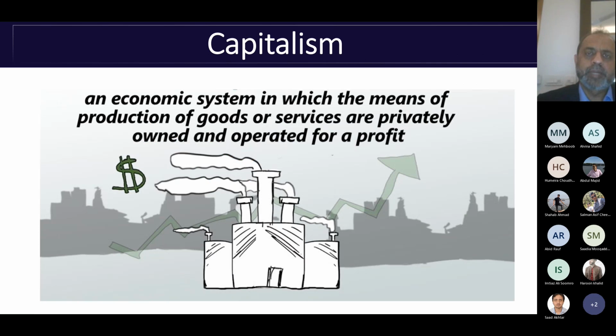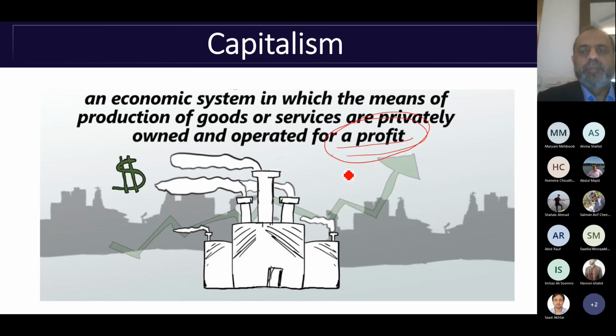So it is about capitalism. All the investment that people are making is capitalism, and talking about capital. What is capitalism? Capitalism is that all the businesses, the production houses, the service houses are owned and operated by private people for making profit.